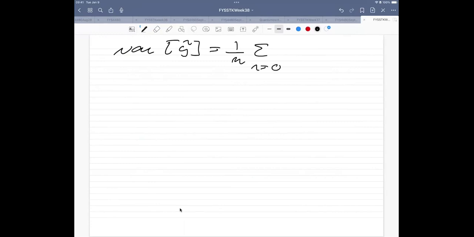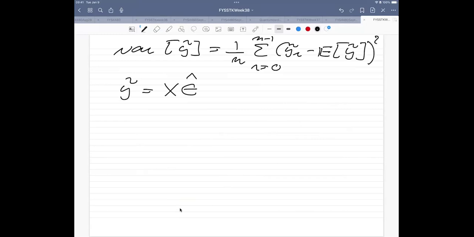So these are the quantities which we end up calculating. So I have y i tilde, my model prediction. So remember that y of i, or y tilde, is X times theta, the optimal parameter. And this is minus E of y tilde, squared.